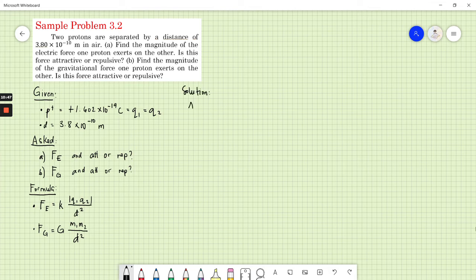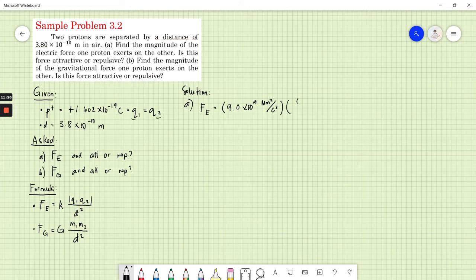So let's solve for letter A first. Letter A is quite easy. In order for us to solve the magnitude of the electric force, we just need to plug in our numbers. Fe is equal to K. We know that the value of K is 9.0 times 10 raised to 9 newton meter squared per coulomb squared multiplied by the absolute value of the product of our charges.